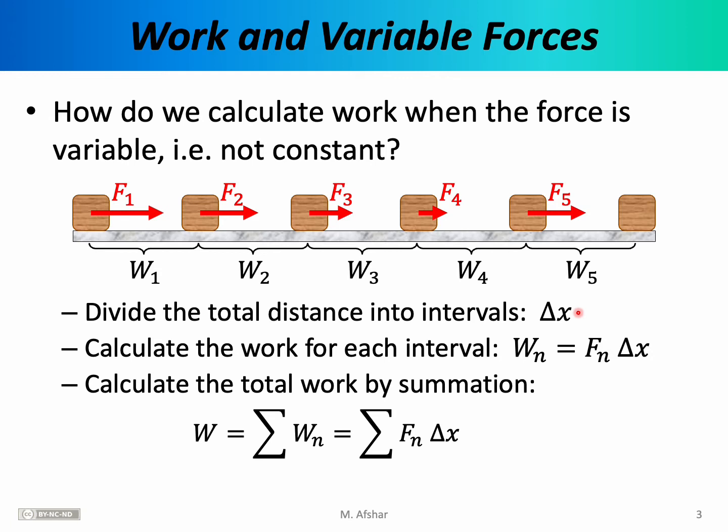But it would be better if you divided it into, let's say, 10,000 intervals, each one of them only a centimeter long. In fact, it would be even better if you divided it into 100,000 intervals, each one only 1 millimeter long. In general, the smaller delta x is, the better this procedure will work.